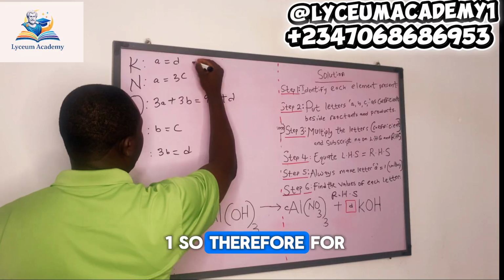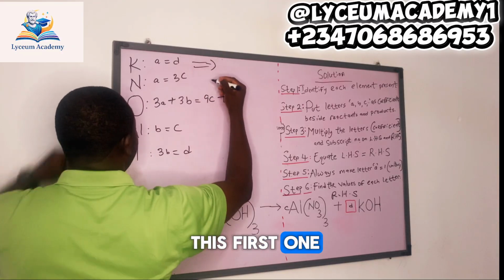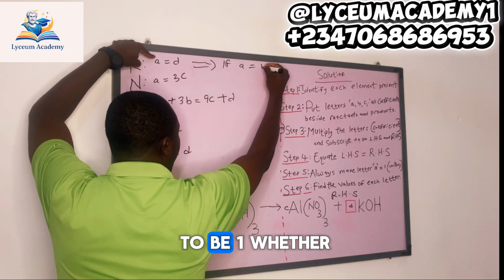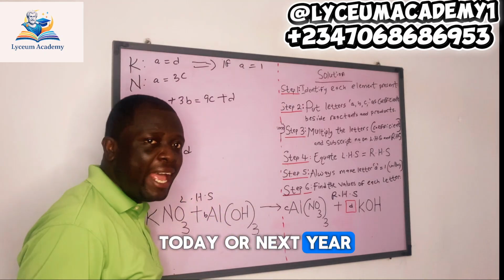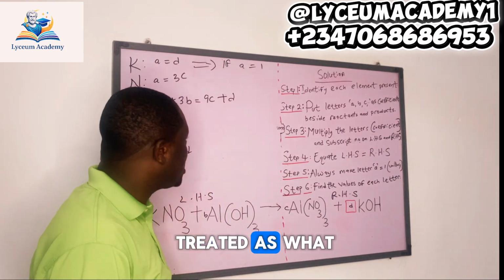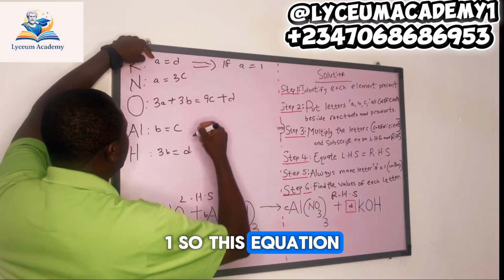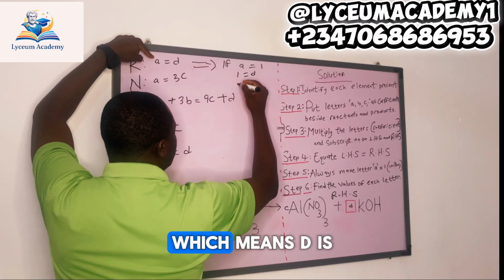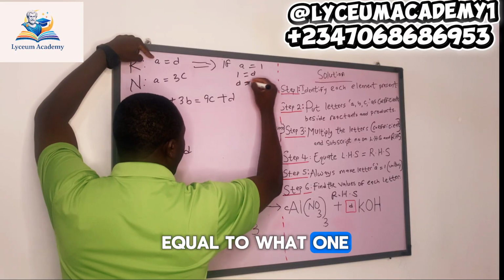So, for this first one, if A is taken to be 1, whether today or next year, anytime, A should be treated as 1. So this equation becomes 1 is equal to D, which means D is equal to 1.